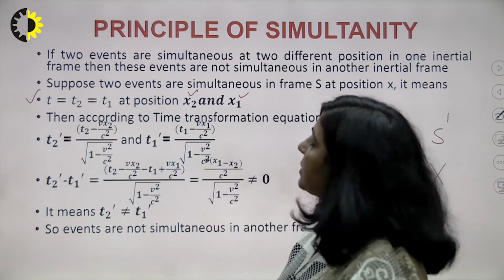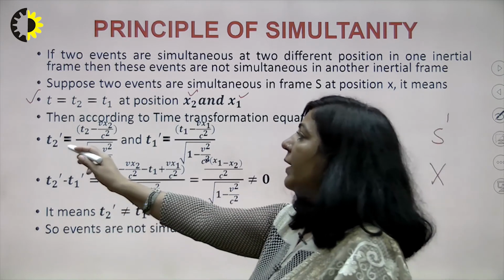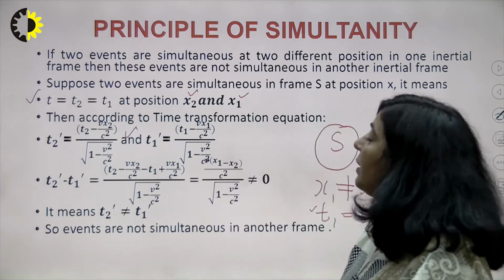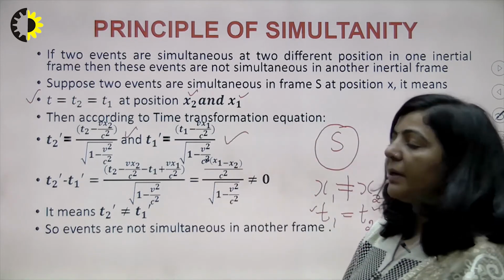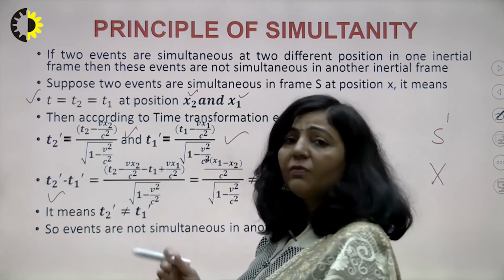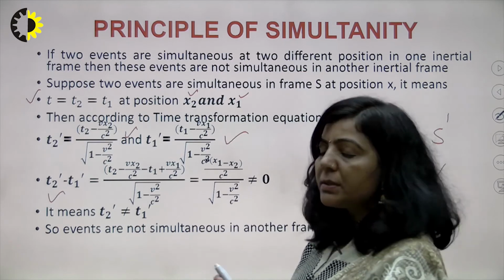I have already discussed all these things. According to the time transformation, what will be t2 dash? It will be t2 minus vx2 upon c square, divided by this, and t1 dash is similarly equal to this. So you can find the value of t2 dash minus t1 dash, or t1 dash minus t2 dash, both are the same thing.